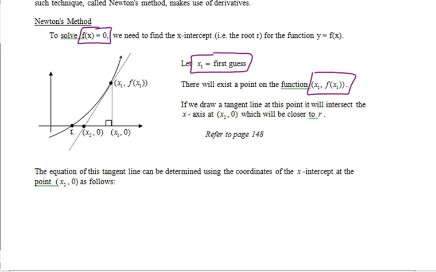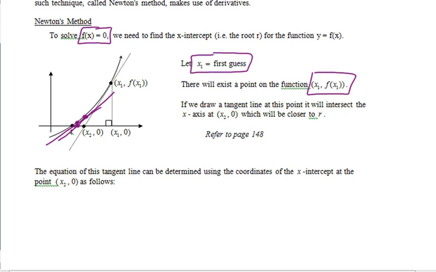So his 0 is better than my original one. Then I plug him in and I draw his tangent line. This 0 is even better than the previous one. So then I plug in this value and get this tangent line, and the 0 for that tangent line is even better, until we reach it.